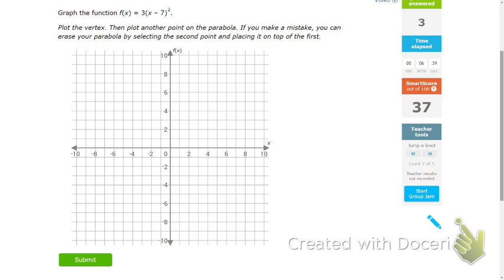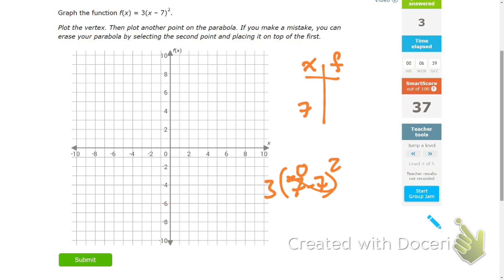Okay, here's another one. For this one, you should know that your easy x is going to be 7. When I plug 7 into this, I get 0 on the inside of the squared. And then I go 0 squared, which is 0, and 0 times 3 would be 0. So 7, 0 is my vertex.